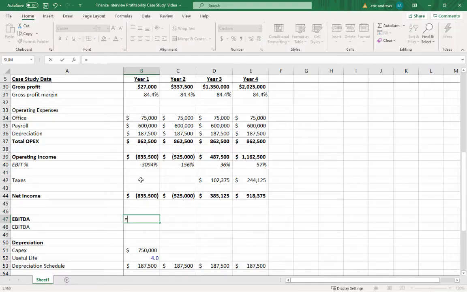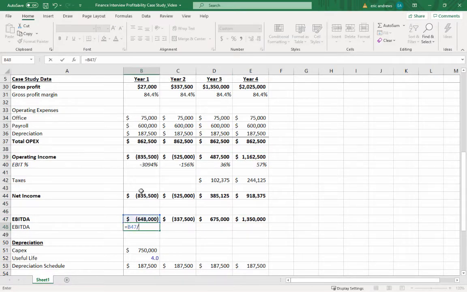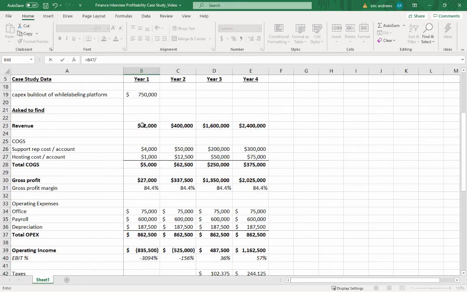So EBITDA is operating income, and then you add back depreciation. You can see EBITDA is higher than your operating income.